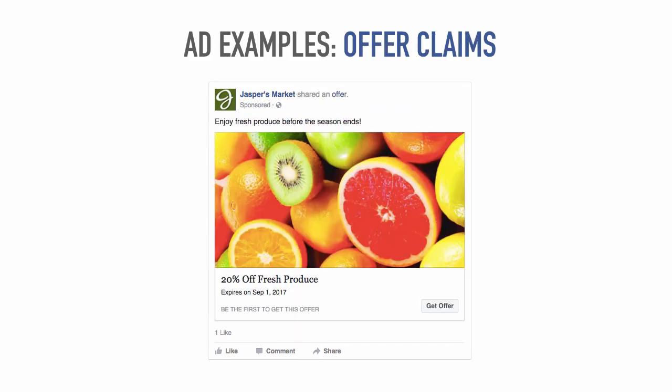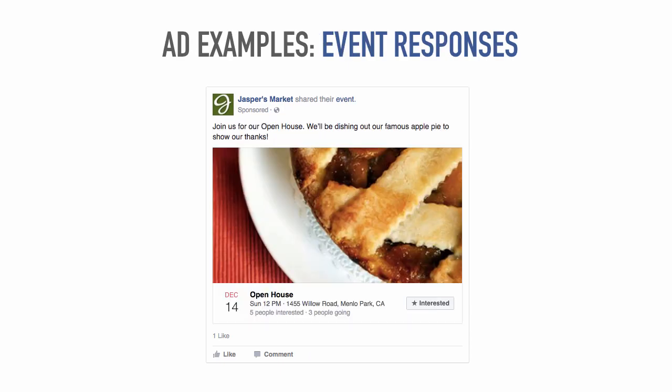You can also provide an offer with offer claims ads. This is a great way to drive direct response from your audience that is at the later stage of their purchase decision journey. Also, you can promote your events using these event responses ads if you have any upcoming event.